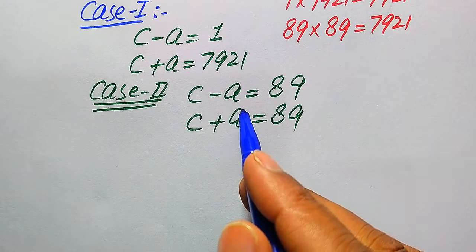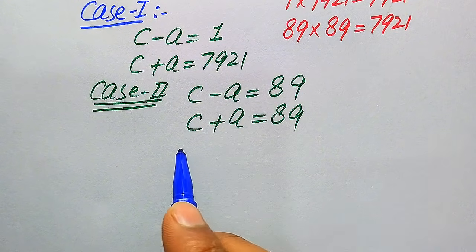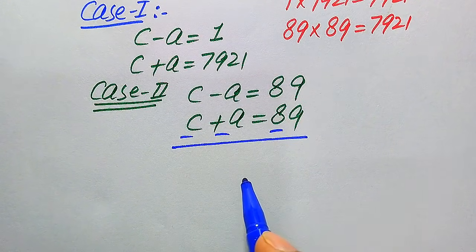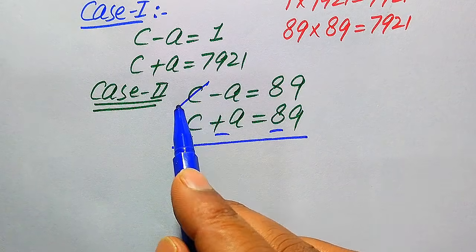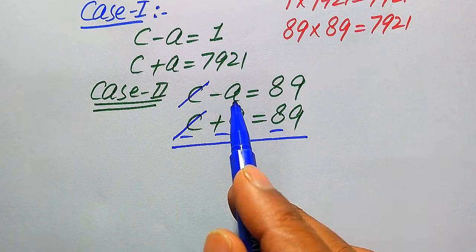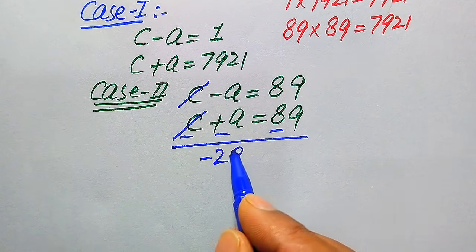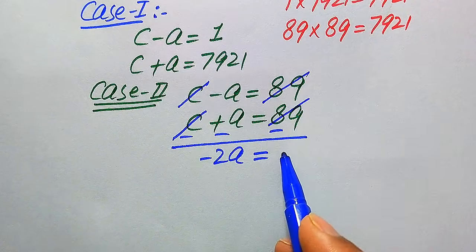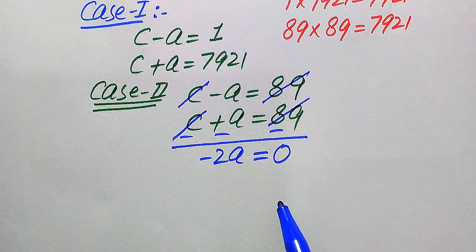Here when we subtract these two equations, it means we change its signs. So the positive c and negative c are gone, and minus a becomes minus 2a equals, positive 89 and negative 89 are also gone, and we get 0.